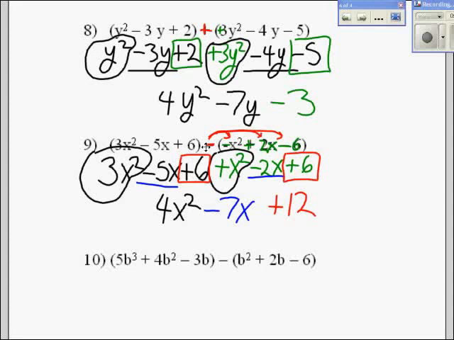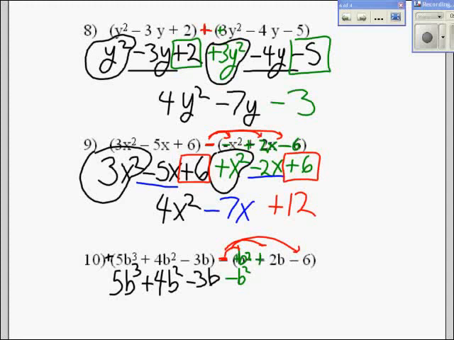Last problem, number 10. Remember, first set of parentheses, we're not changing anything because there's really a plus out in front of it. Plus 4b squared minus 3b. This negative tells us we're going to have to change all of the signs that follow it. So this positive b squared becomes minus b squared.